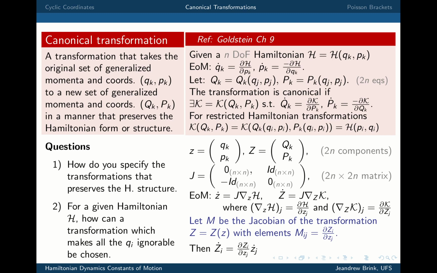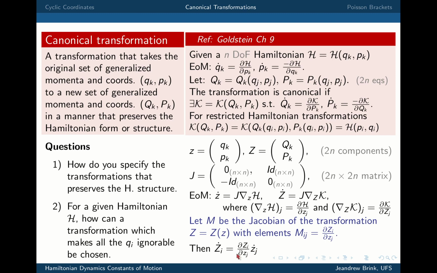Okay. And so if we now try and write out what big Z dot is in terms of little z dot, we can simply say big Z dot i, in other words, the tau derivative of the ith component, is simply the partial of Zi with respect to little zj, summed over j, so for all the components of little zj, times zj dot.